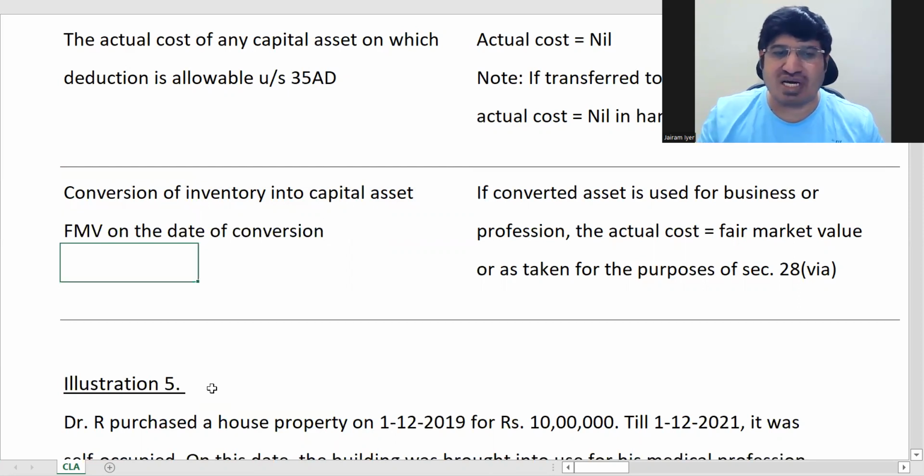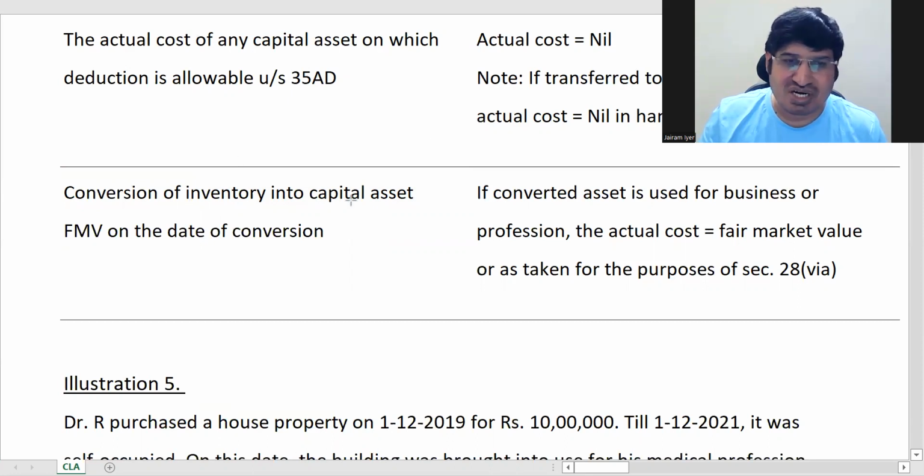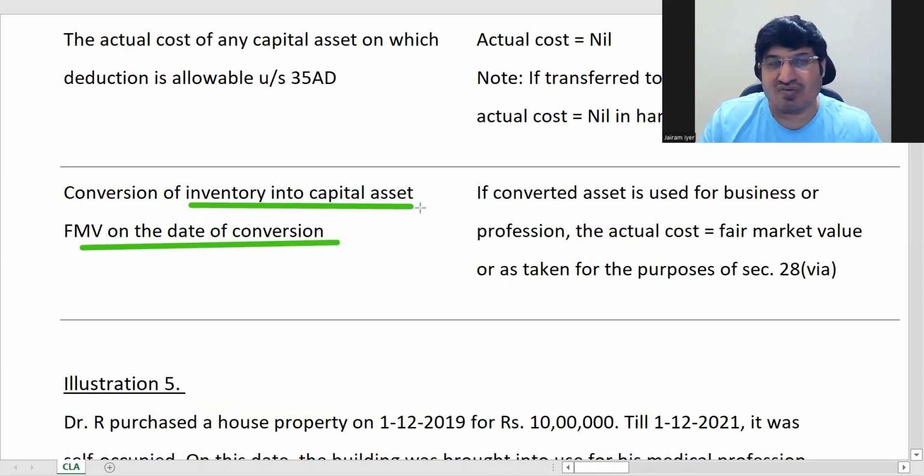You are only converting inventory to capital asset within your own business, so there is no sales value you can find out. So sales value will be taken as fair market value on the date of conversion. Actual cost is the fair market value on the date of conversion.